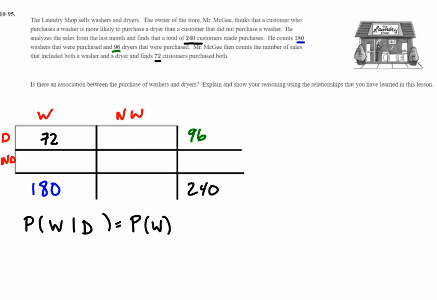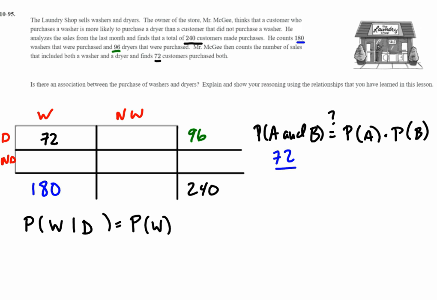So let's look at our other version of the multiplication rule and we'll compare it to this original. Really then I'm looking for the probability of A and B and see if that's equal to the probability of A times the probability of B. Let's find those from our chart. This time in this scenario, I have the probability of A and B right there. It's just sitting right in front of me.